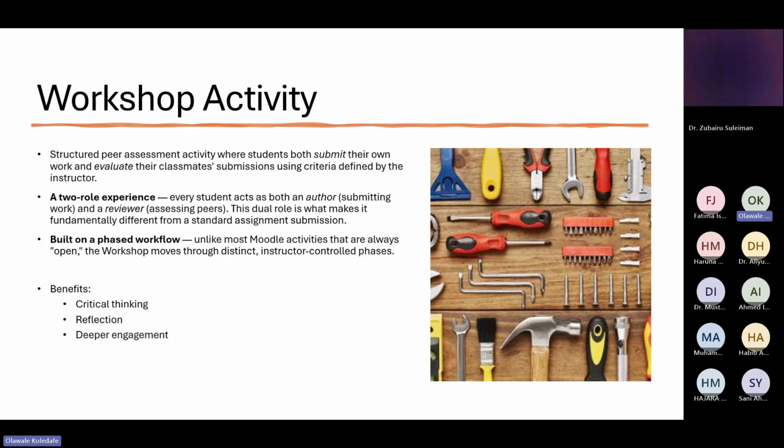So it is giving the student two roles. Every student is first an author, submitting their own work, and also a reviewer. So they review other people's work. So they are now going to be judged based on their own work, and their ability to review other people's work.